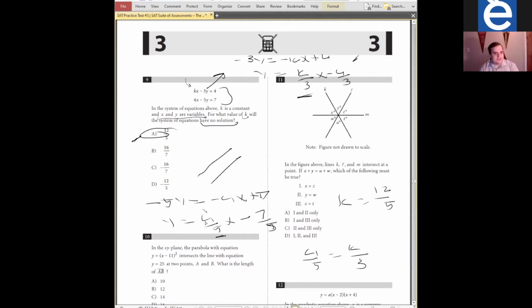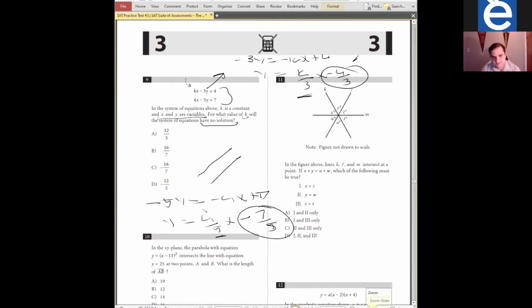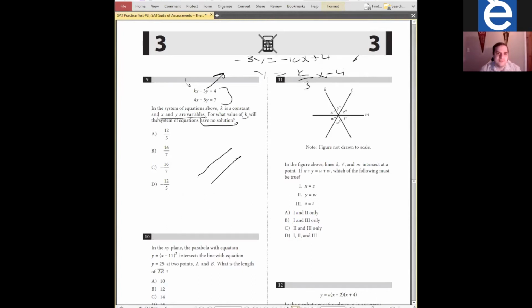Now, a few things to note with this. Let's say they had asked for infinite solutions. You can't actually turn this one into infinite solutions, but infinite solutions would be if we had the same slope and this value was also the same. I know we discussed this last week, but I really like to remind everyone, infinite solutions is when you have two lines that are the same.